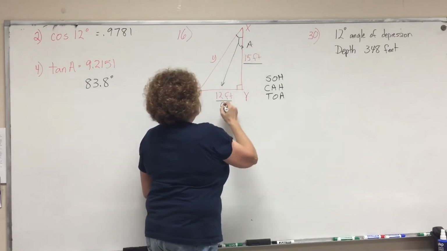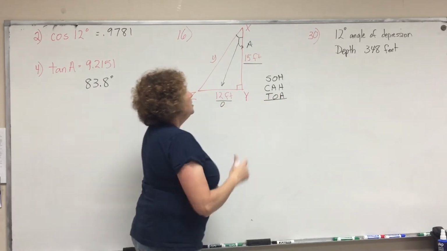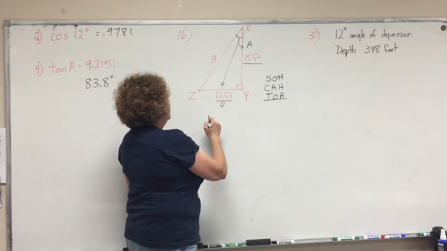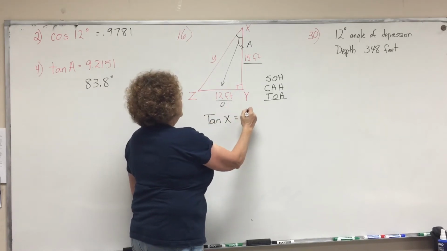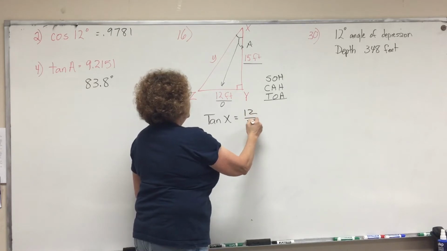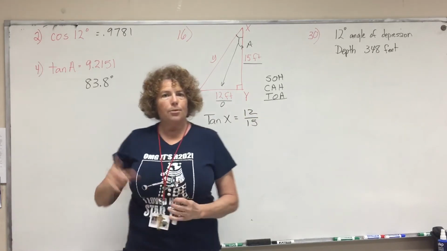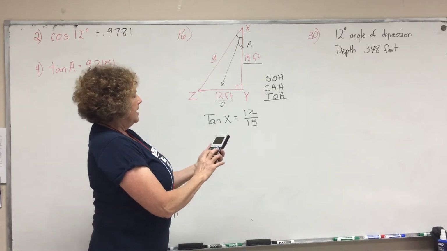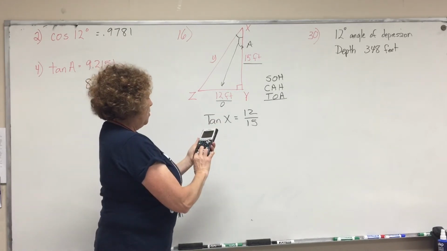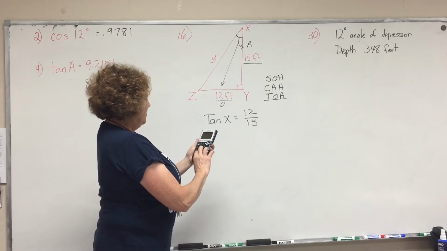And it's that one. So now we can set up the problem. The tangent of X equals opposite over adjacent. And then you can do just like we did over here. You can say second tangent and punch in 12 divided by 15.